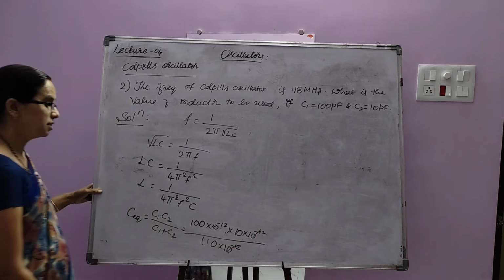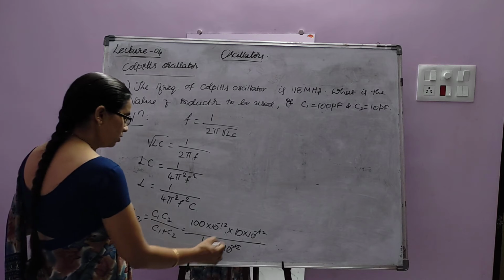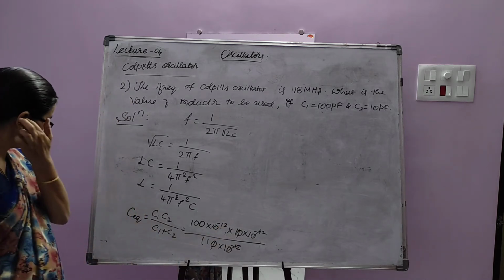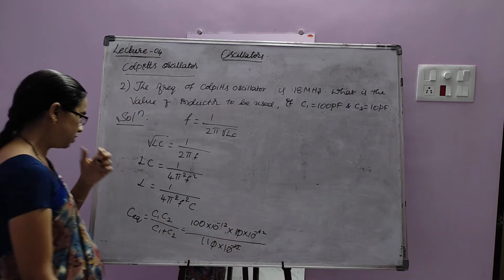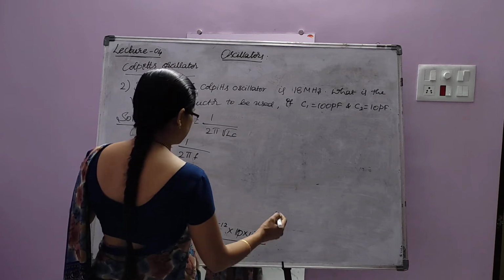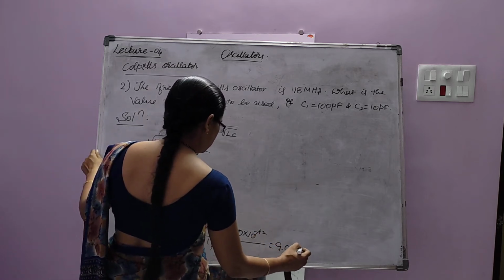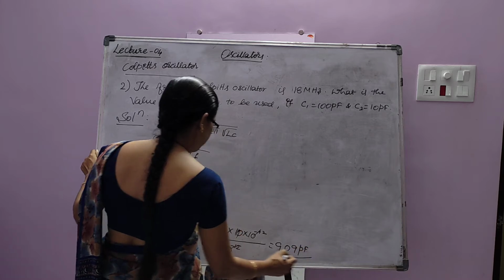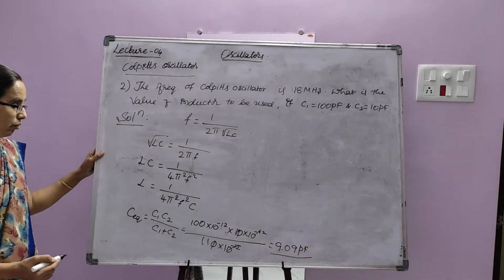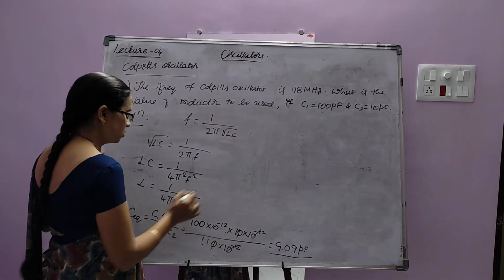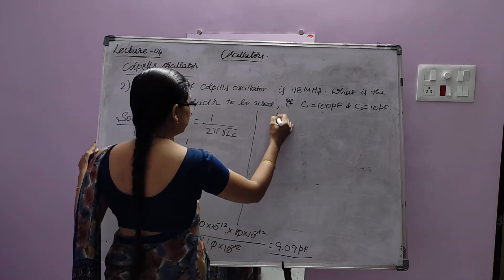1 pico gets cancelled. 100 by 11, 9.09 something you will get, I guess. 9.09 picofarad. So with the C equivalent value, substitute this in the above equation.